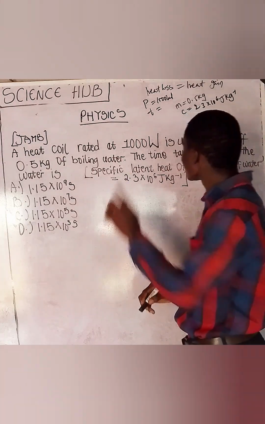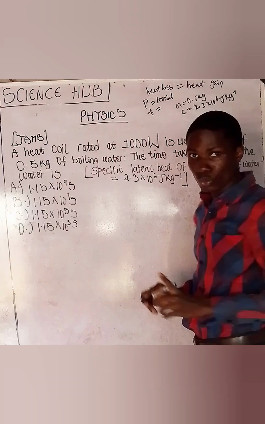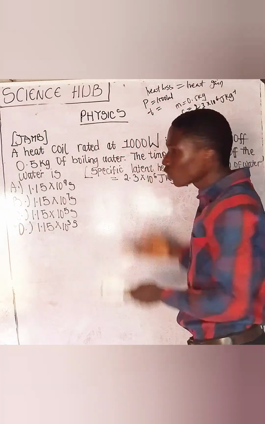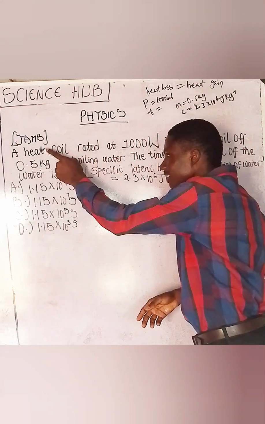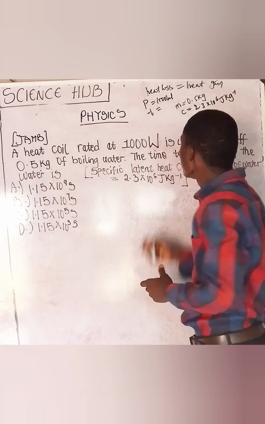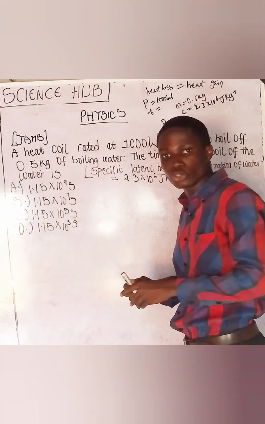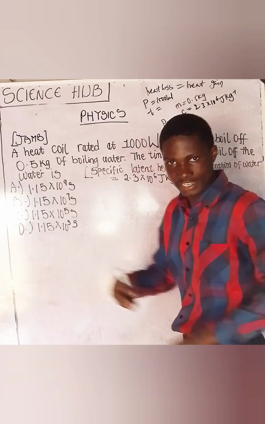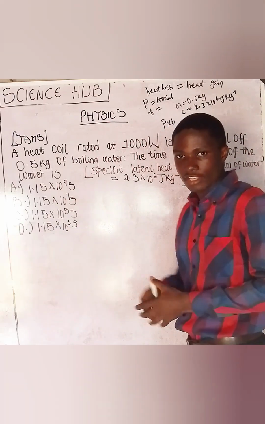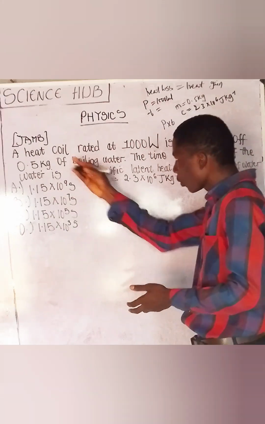And remember, I said that heat lost is equal to heat gained. Heat lost by this coil is P times T. Whenever you have a power and a time, it shows that there is an energy or heat that is lost from that substance or metal or coil.